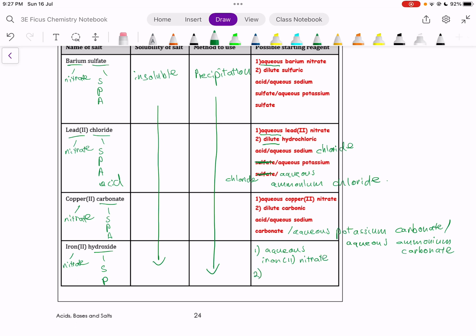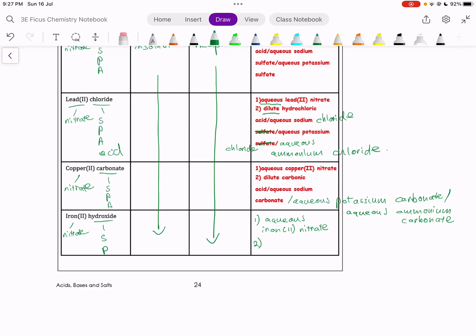Number 2, the second thing you go with aqueous sodium hydroxide, and aqueous potassium hydroxide.